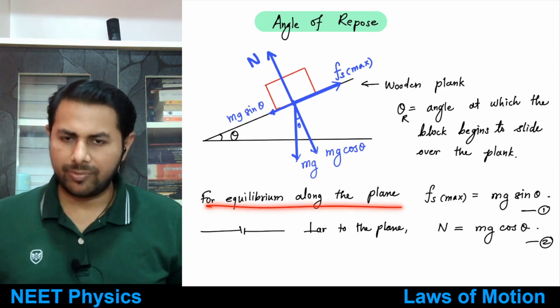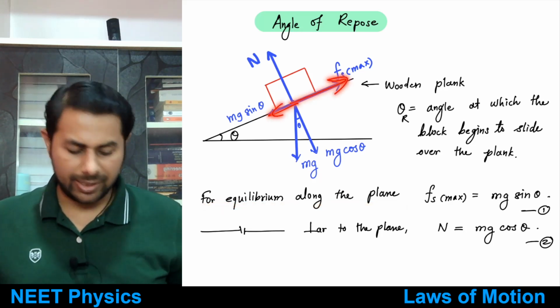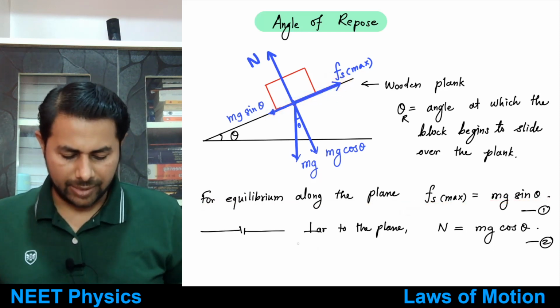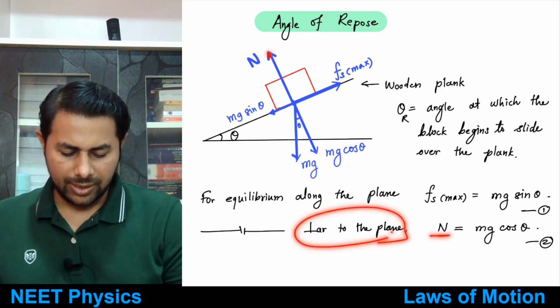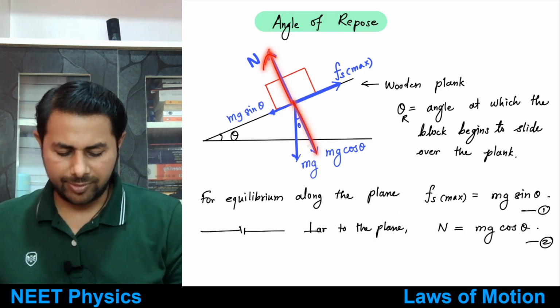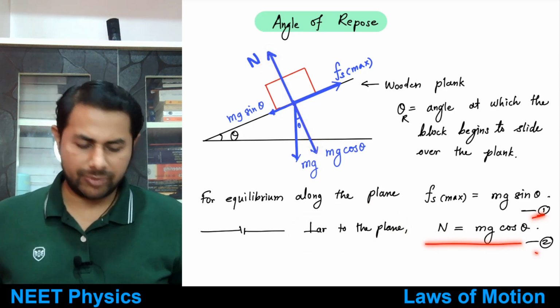So for equilibrium along the plane, Fs max is equal to mg sin theta. And for equilibrium perpendicular to the plane, N is equal to mg cos theta. So this is equation 1, and this is equation 2.